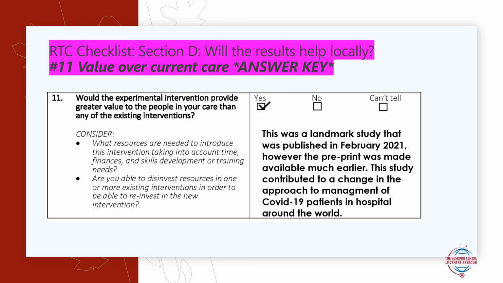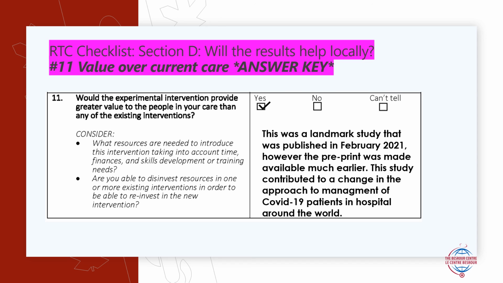So I think the answer to this really is yes, across all contexts. Dexamethasone is generally inexpensive and available in many settings around the world. It's generally a well-known medication to be administered amongst hospital healthcare workers who would be able to administer it with very little additional training required.